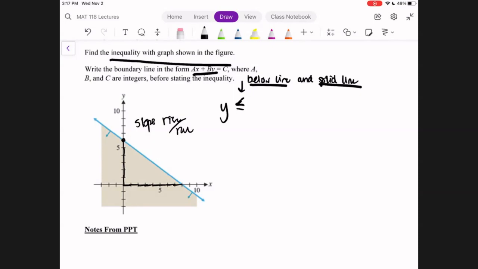So the slope here would be negative 6 over 8x. And what's my intercept? My intercept is 6, so plus 6. So now I can simplify this a bit. And if I need to write it in this format, right?